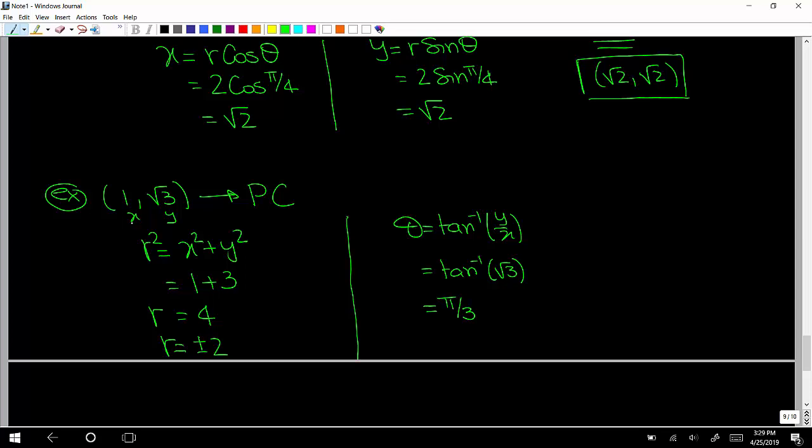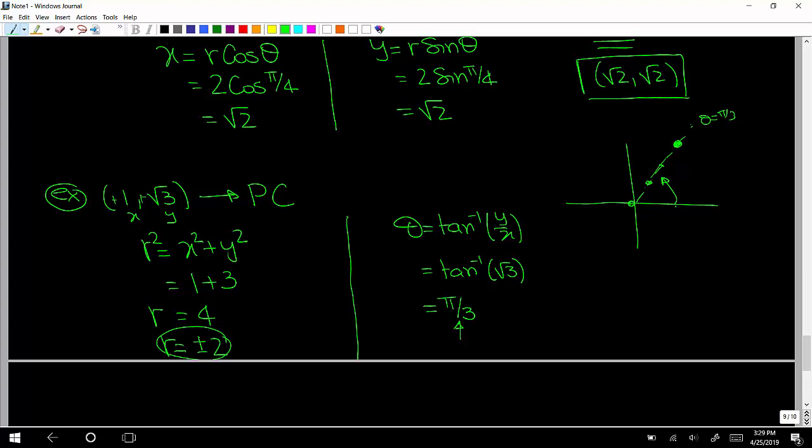Okay, so we get that. So now if you look at this point, these are both positive, so you're in the first quadrant. So in the first quadrant, if I go pi over 3 radians, and then go 2 units, I'll get that. So think about it. If I go, let's say this line here is theta equal to pi over 3. So I'm going to go to that line, and then on that line I'm going to go 2 units from the pole. So that's 1, 2. So that's this point here.